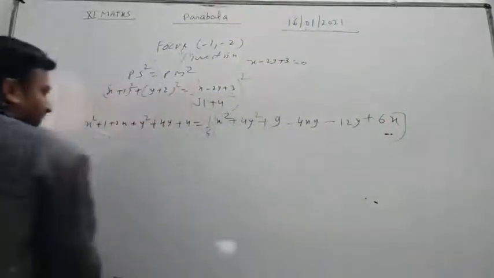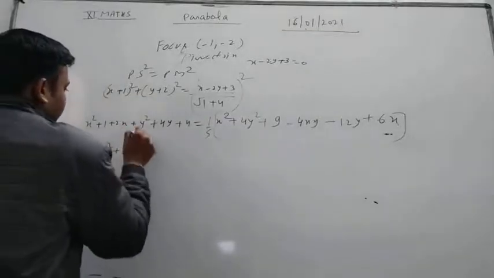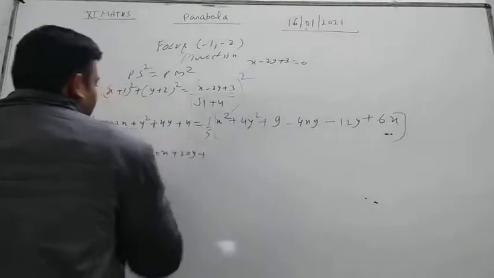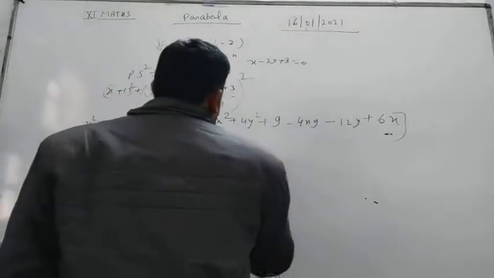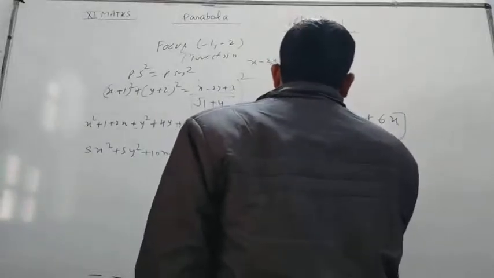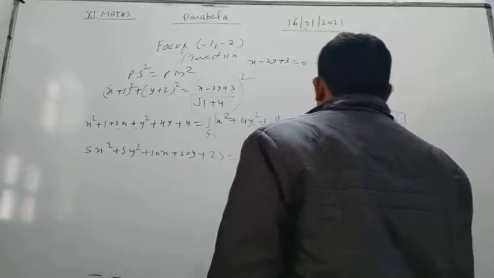Now multiplying this side, we get 5x square plus 5y square plus 10x plus 20y plus 25. So x square plus 4y square minus 4xy minus 12y plus 6x plus 9.